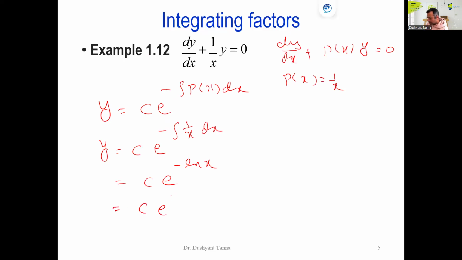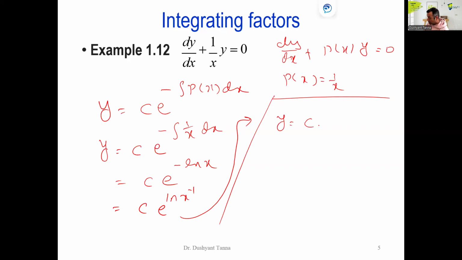Now, can I say it is e power 1 on ln x? Sorry, not 1 on ln x. Ln 1 on x, or x power minus 1. If that's still not clear, you can write ln x power minus 1, which will then lead to y is equal to c x power minus 1, because ln and the exponential are inverse functions, and they will cancel each other's effect.